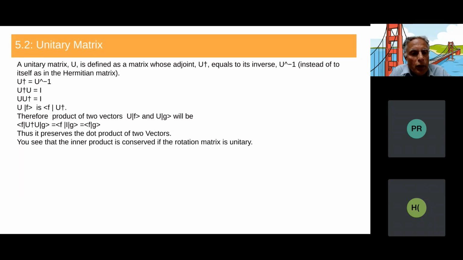Essentially, the inner product is conserved if the rotation matrix is unitary.